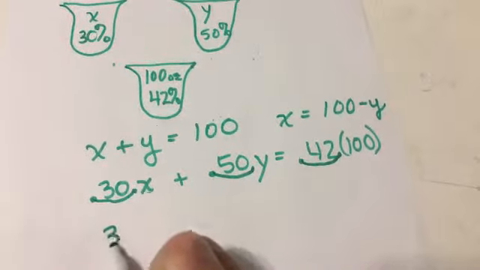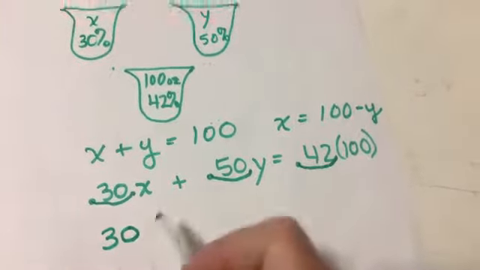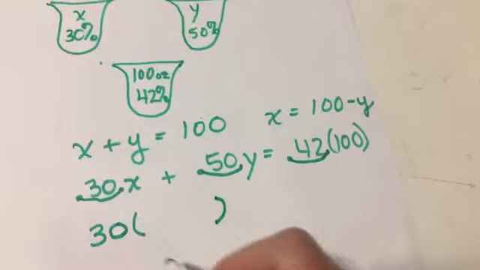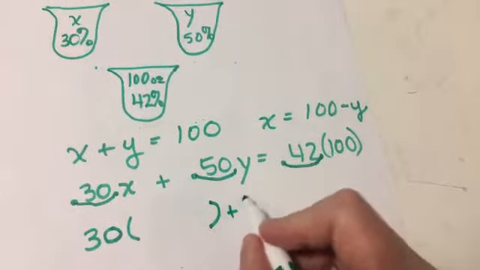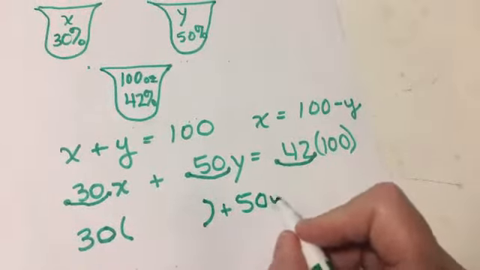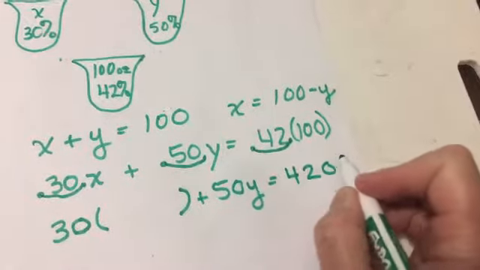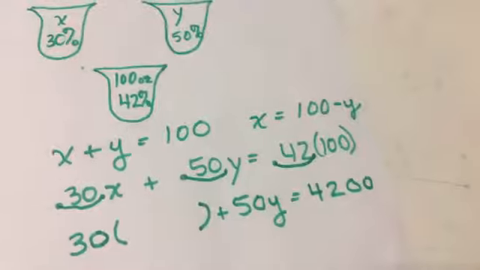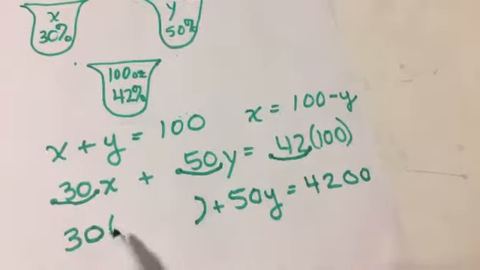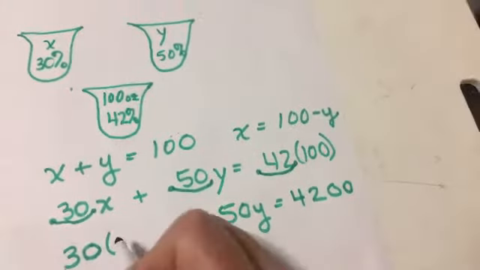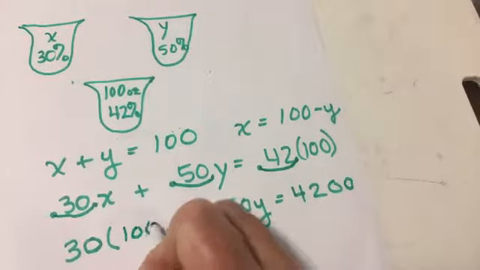So my second equation now has 30 instead of 0.30, and I'm going to leave this little parenthesis where the X is going to go, plus 50Y is equal to 4200 when I multiply those together. So now, instead of the X, I'm going to slide in my other equation that has been solved for X.